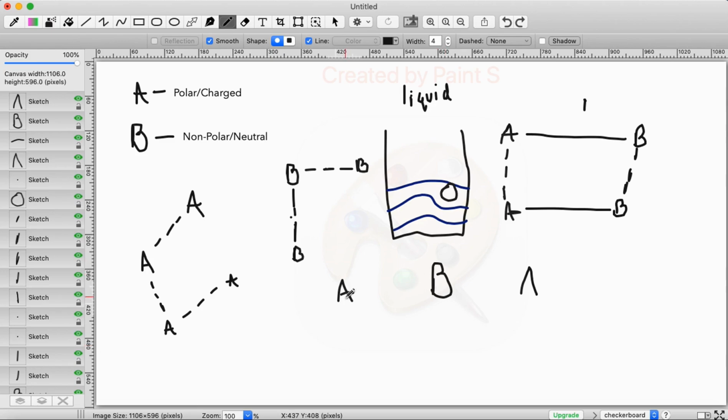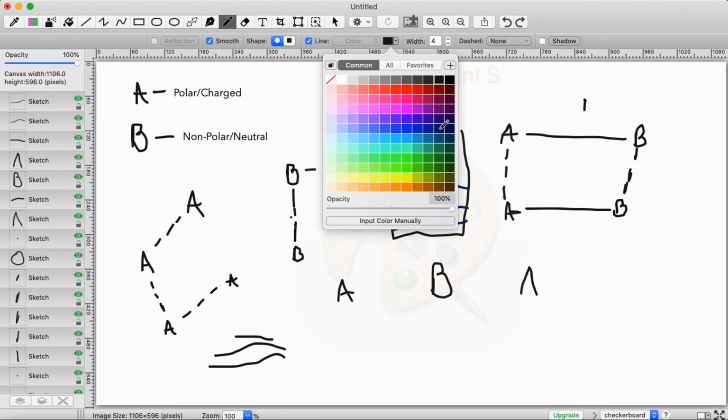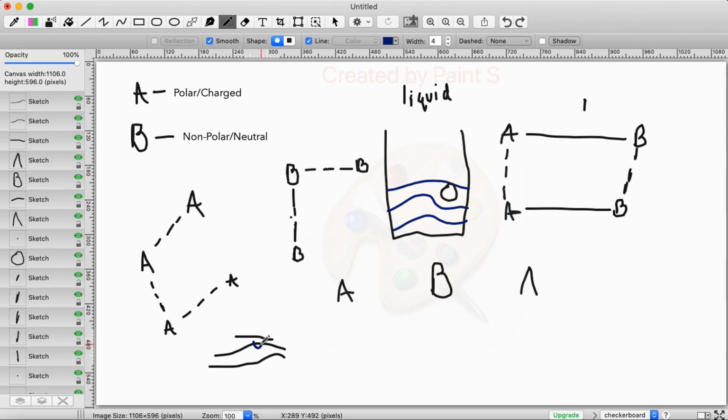If you have a lot more B than A, you'll have a pool of A in B. I'm just defining a pool as whatever is the smaller one, so it doesn't really matter. You could have a bunch of B, and then put a little bit of water in there, and you'll end up with water floating within the B.